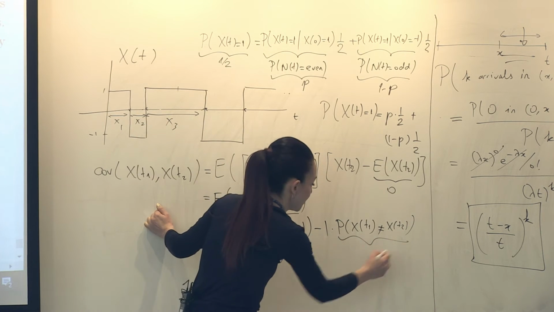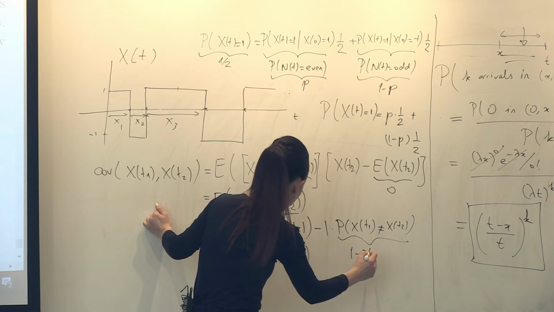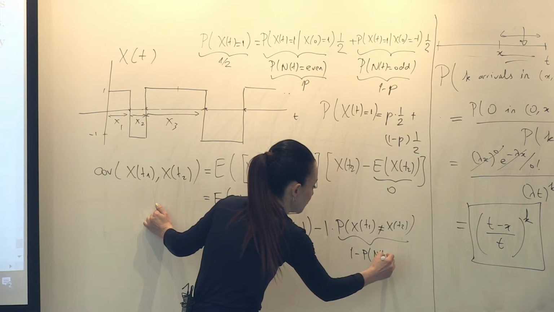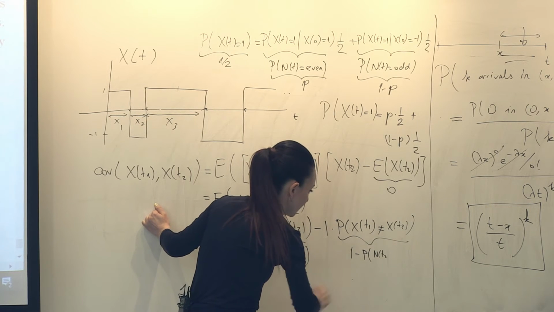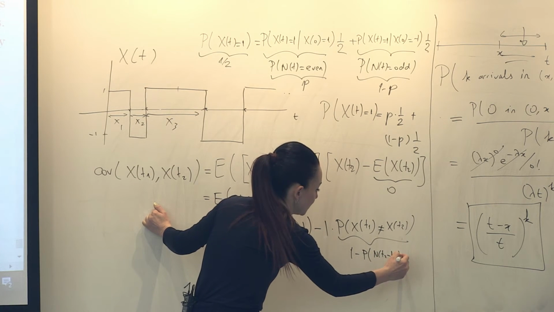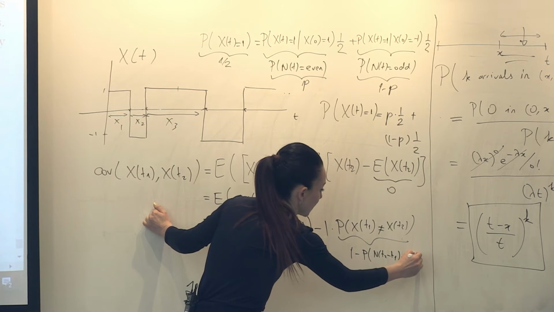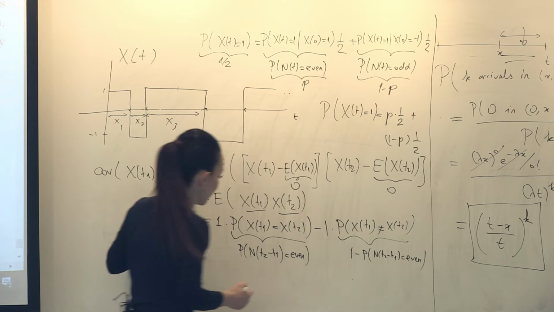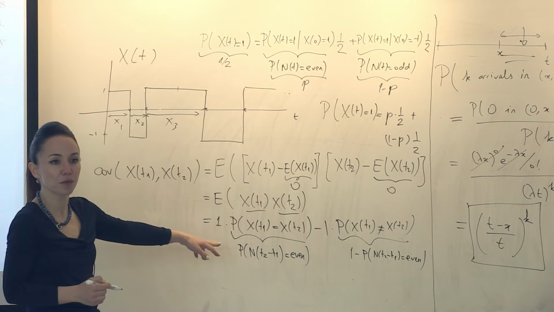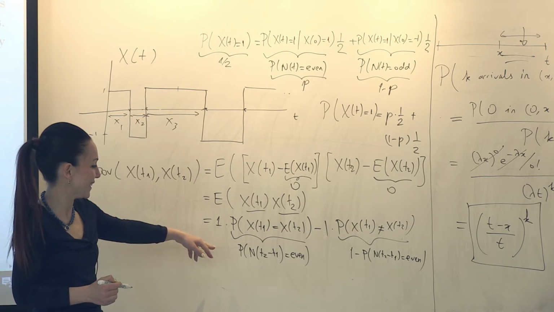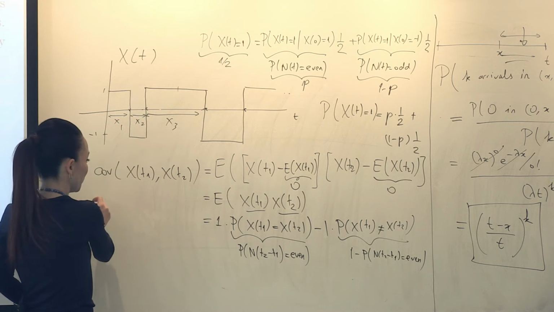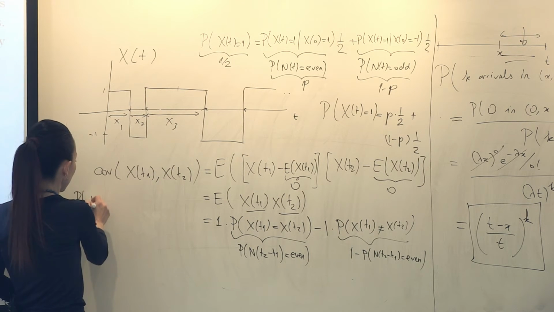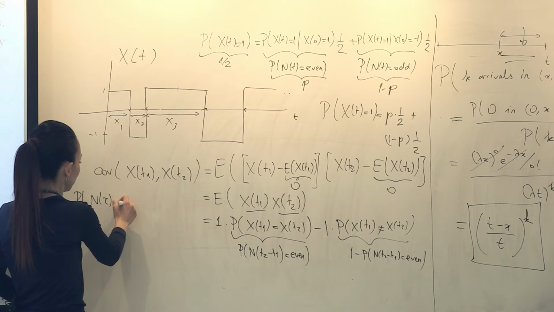And this is basically 1 minus the probability that n of t2 minus t1 is odd. So at the end of the day, I couldn't get out of computing the probability that n of t2 minus t1 is even. Let's compute over here the probability that n of tau is even.